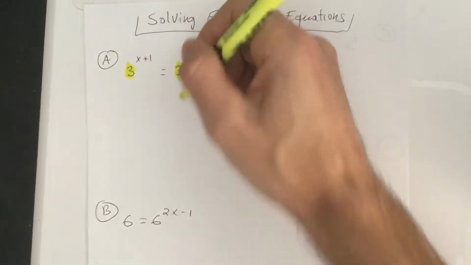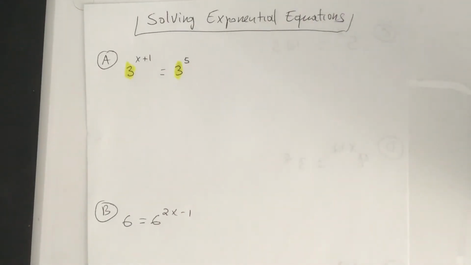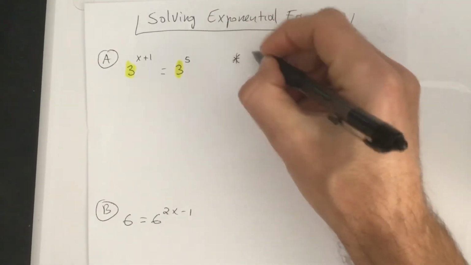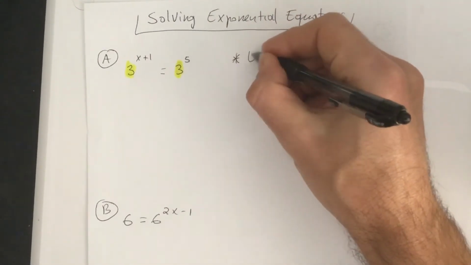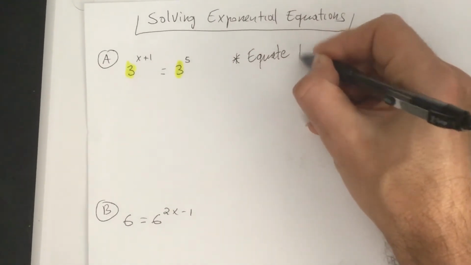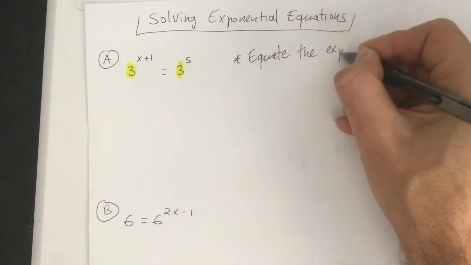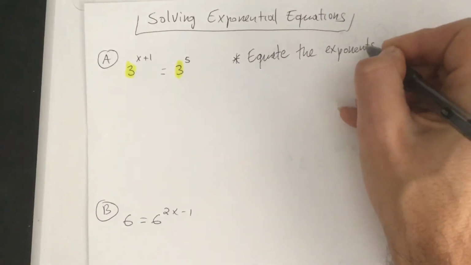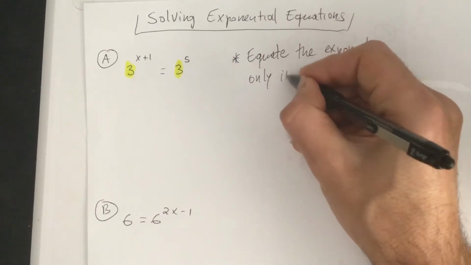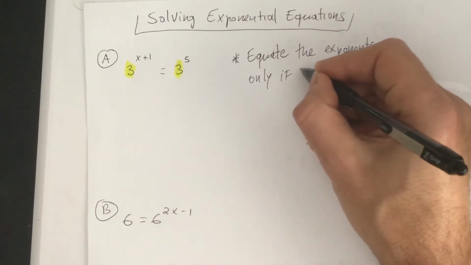Like in this case, we have the same base, 3 and 3. So let me write the note over here. We can equate the exponents only if they have the same base.